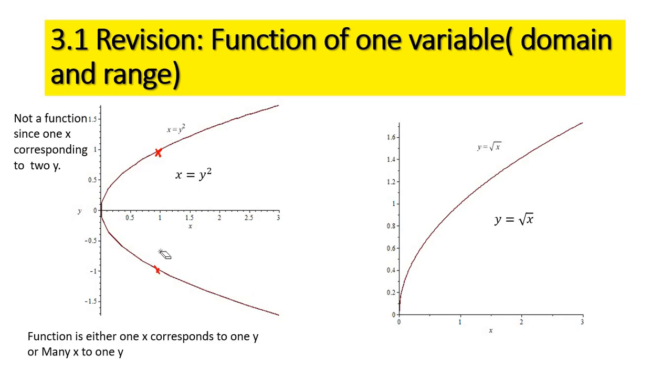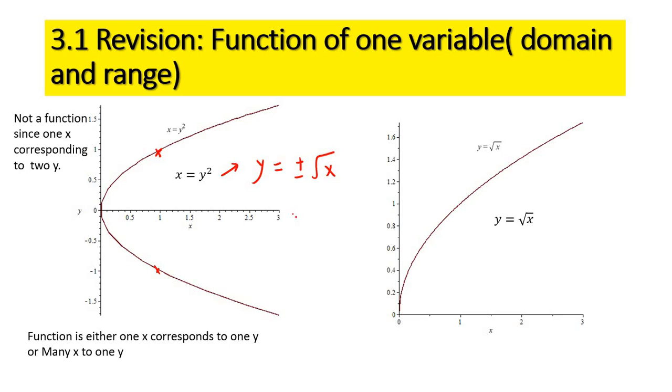So this one is not function because you have one-to-many, 2 y going to 1 x. But from the graph of x equal to y squared, if I only take the positive part, I will take this graph, the positive part. So x equal to y squared, if you make y as the subject, you have y squared, so you have positive, negative square root x, right?